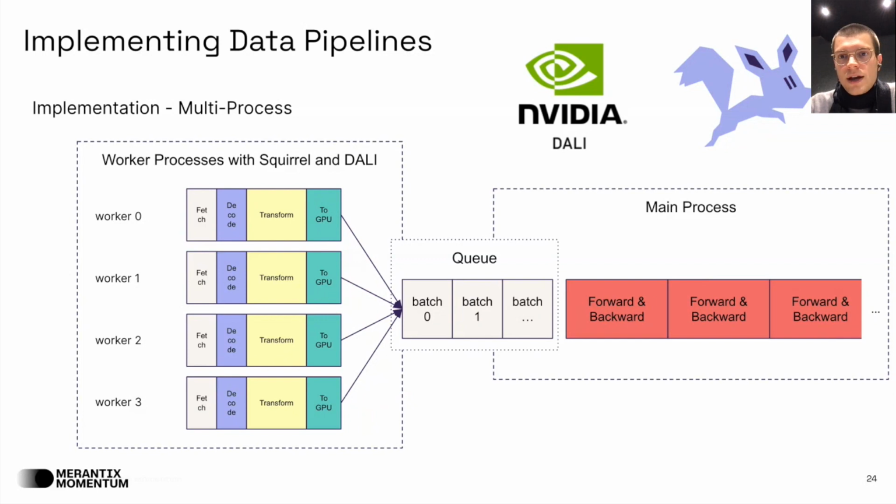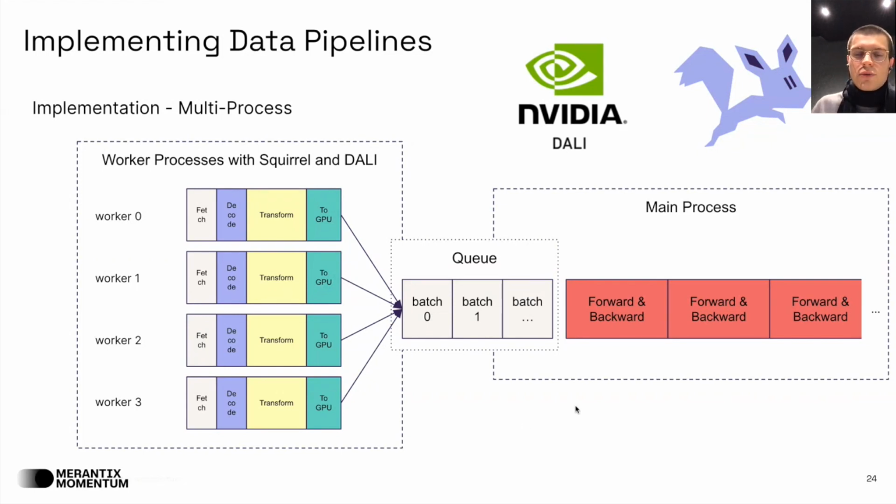However, Dali is famous for implementing these data augmentations at a very low level in C++ code on the GPU, and that means you can process your images even faster and prepare them such that your queue is never empty, and your GPU can then directly load the data and process the data in the forward and backward pass in the main process.